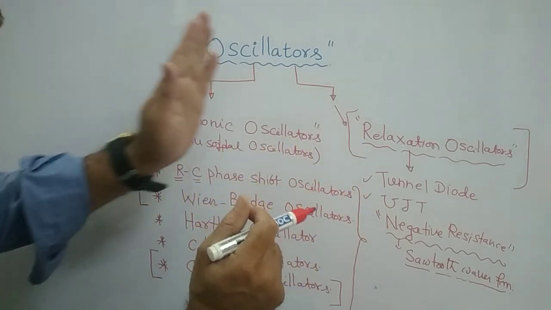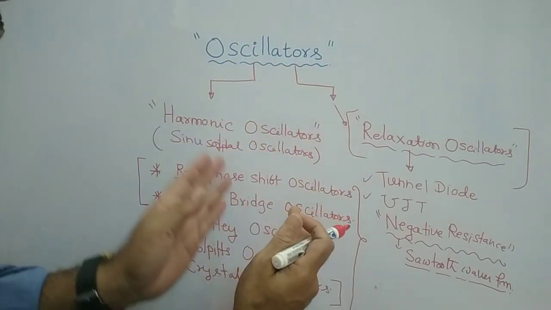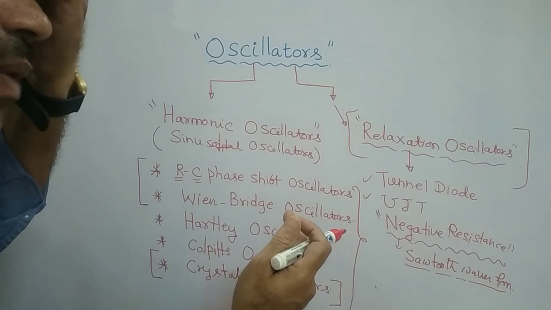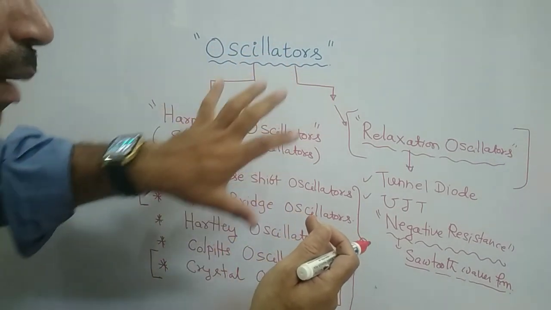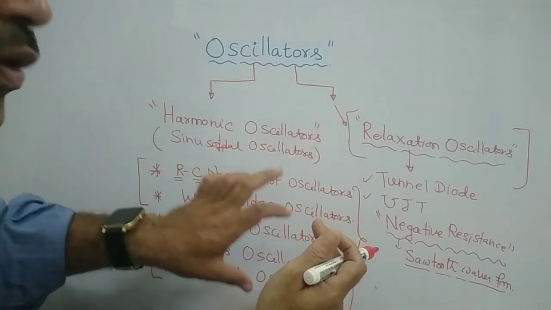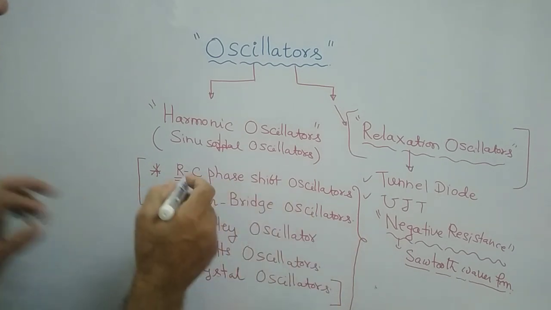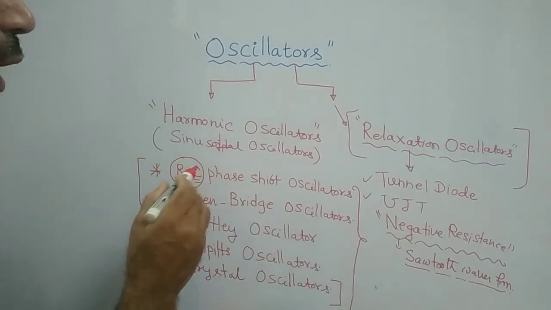Remember that an oscillator has an amplifier and a feedback network. We must always remember that. So this RC describes the feedback.